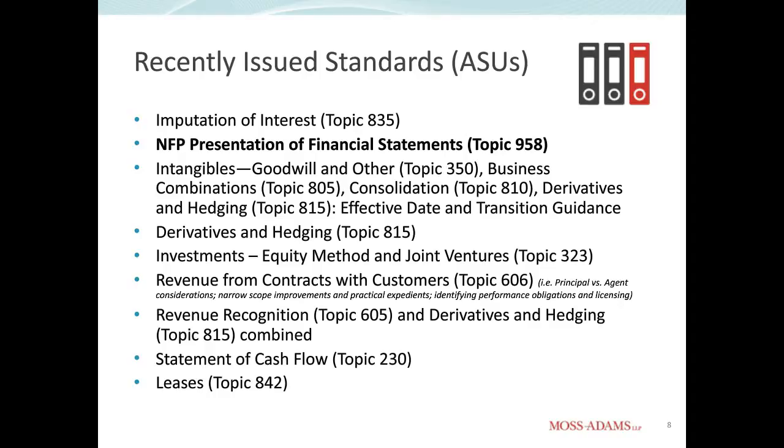There was also some additional clarification with the statement of cash flows for certain cash receipts and payments and how those should be presented. So a lot going on with nonprofits, but again, we are going to focus on the new not-for-profit standard.